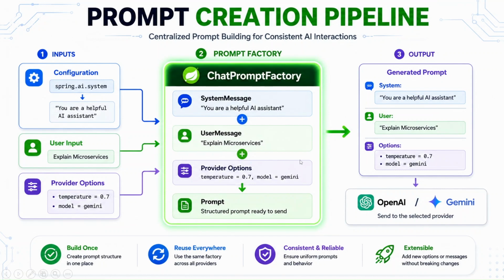Prompt factory helps me prepare a prompt, and I am sending this generated prompt to the selected provider. Give your input, prompt factory will build a prompt. At the third number, the output is our prompt, and we are feeding this prompt to the AI, and AI is giving the response. That's how it works.